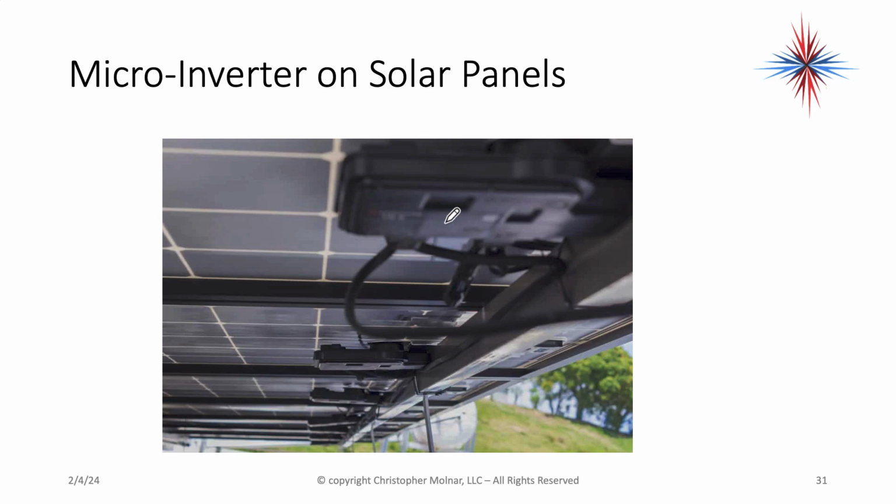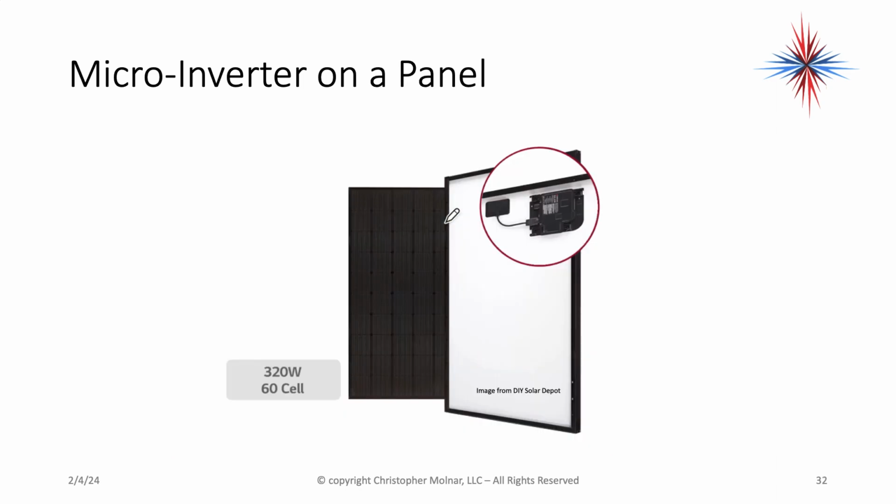Microinverters on the back of a solar panel. They mount on the back of the panel or on the rack right under the panel, and all the power wiring from the panels is AC voltage. Just another microinverter on a panel. You have the panel connections there, and you have the microinverter there.